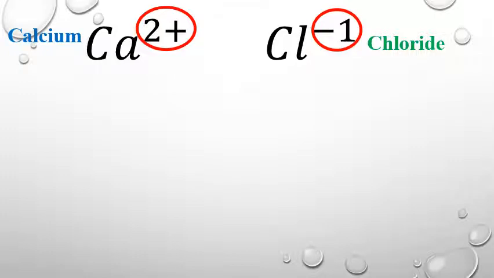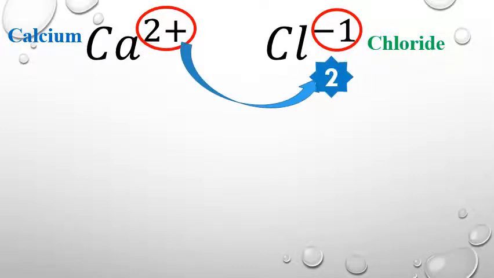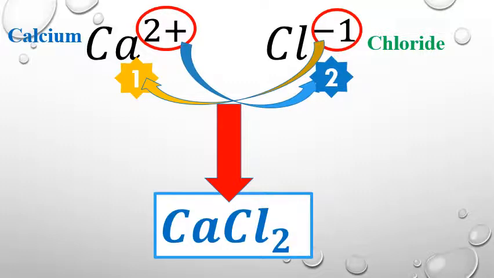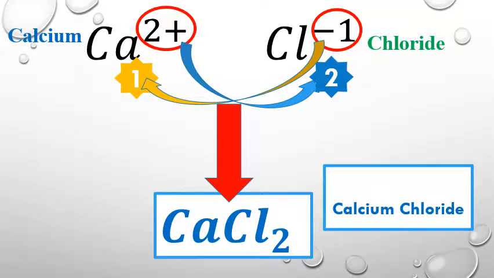So we use the crisscross method: I take the number 2 from the Ca and put it down at the Cl, and I take the 1 of the Cl and give it to the Ca, without the plus and minus signs. It will become Ca, with the number in the yellow box, so Ca alone, and Cl2, with the number in the blue circle, which is 2. So it becomes CaCl2, named calcium chloride.